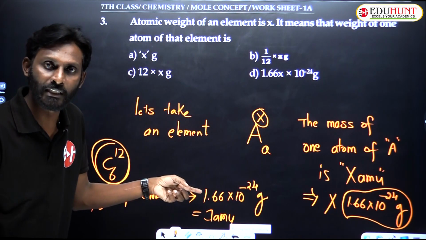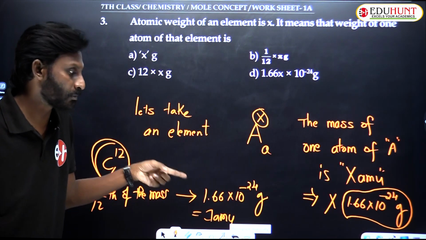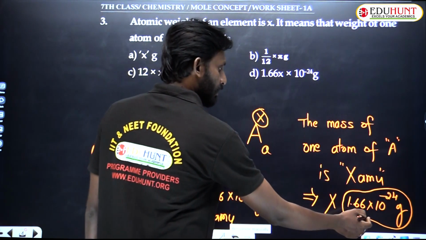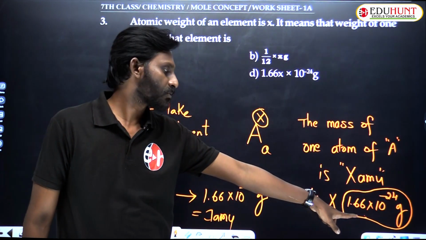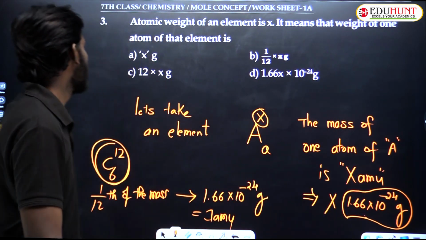In grams it will be 1.66 into 10 power minus 24. So this can be written as X into 1/12th of the carbon atom mass.